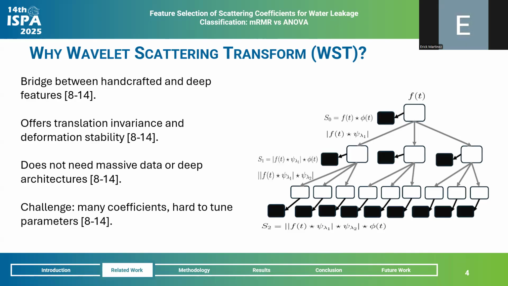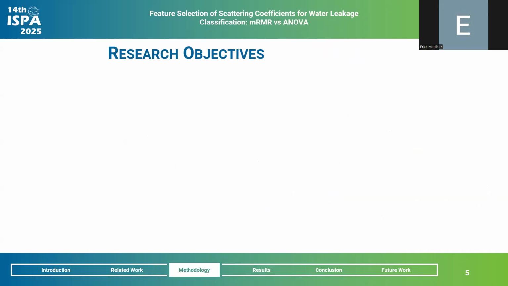And essentially, what we are doing with this cascade of convolutions with wavelets is to transfer the higher frequencies of the waveform to lower frequencies in order to produce an invariant of the waveforms or the data that help us to reduce the within class variance. And by doing that, maybe we can improve the detection of different types of water leakages.